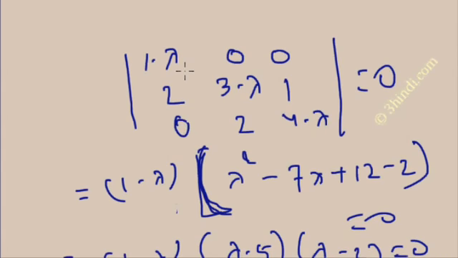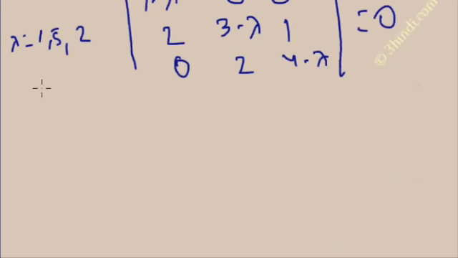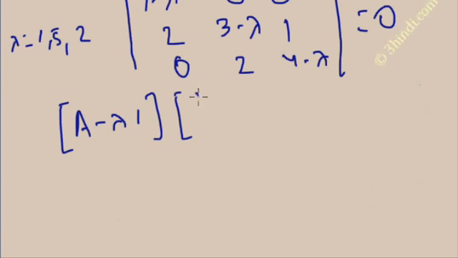Putting in 1, A minus lambda I into x, that is x y z, is equal to 0 0 0.